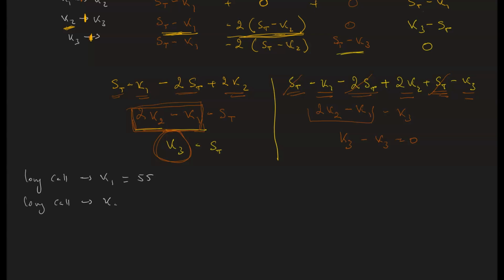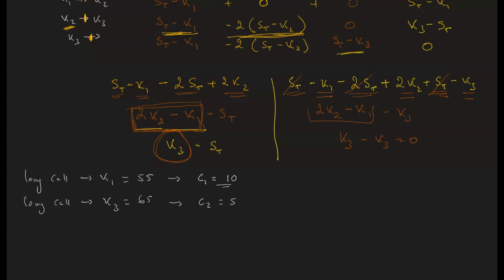I'm going to say that K3 is going to be equal to $65. I'm going to say that the premium that we pay for the first long call, let's call that call 1, is going to be equal to $10. That is, we pay $10 for this call, and we pay $5 for the second call. So the call 2 is going to be equal to $5.